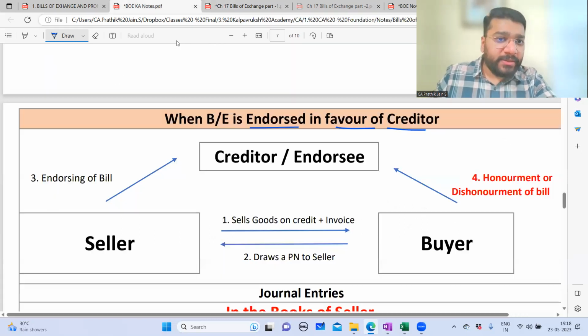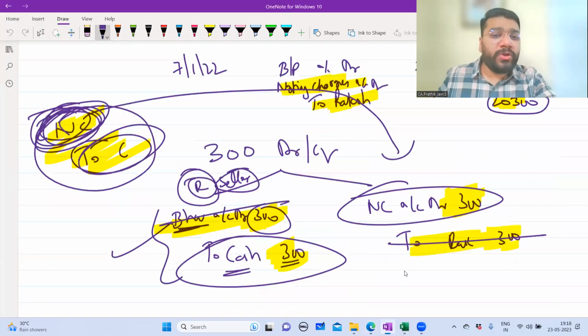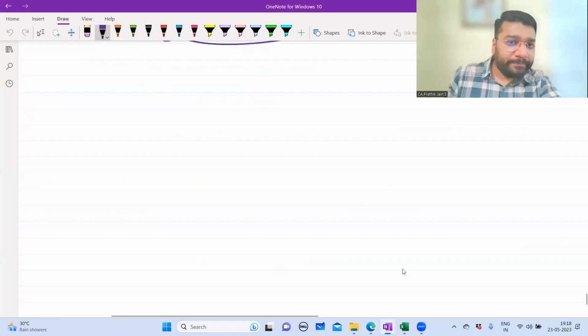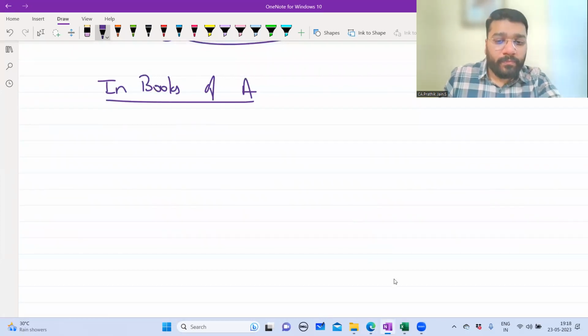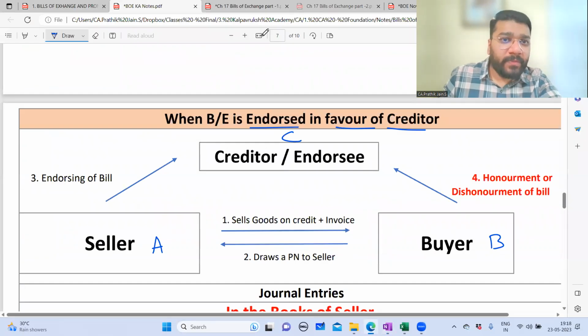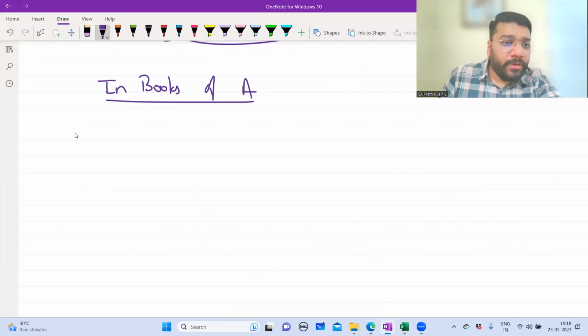So here the seller is A, the buyer is B, and the creditor is C. The seller has sold the goods, so let's do the entries in the books of A. On the date of sale, have they given the date of sale? No. So on the date of sale, what is the journal entry?